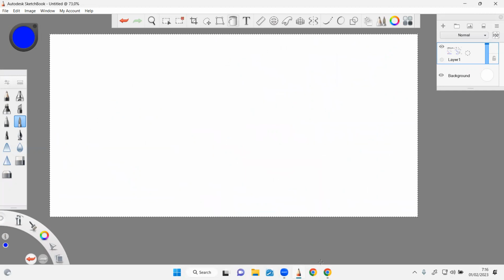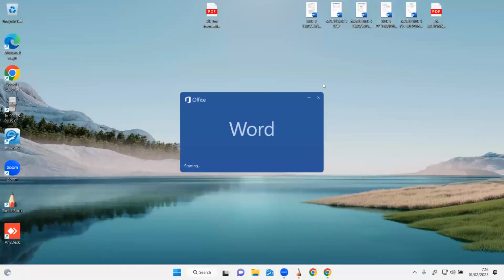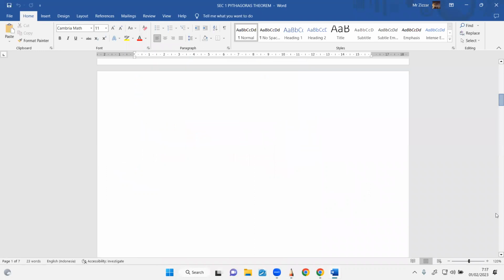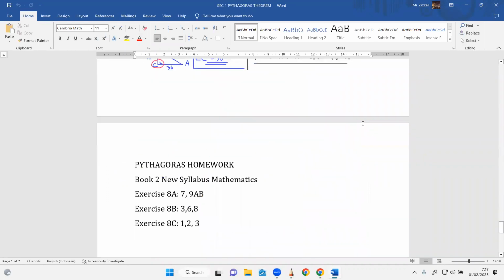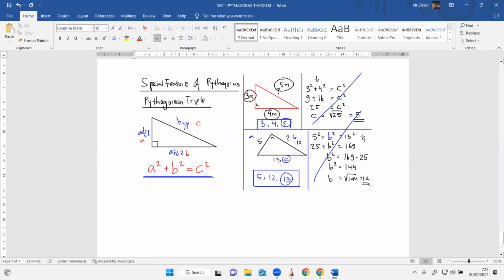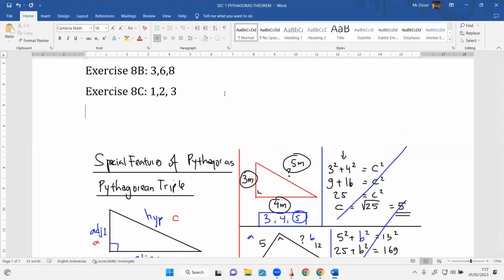Okay, I will put it here. Sec 1 Pythagoras theorem. We are learning the simple working of the Pythagoras rule, the Pythagorean triple. So you don't have to do the working too much, right? Then with Pythagorean triple, just write down Pythagorean triple.